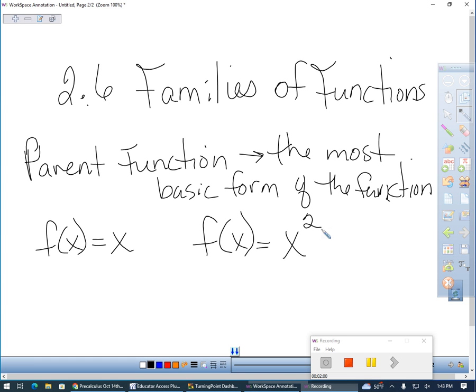Okay, it moves, exactly, right? Transformations and translations.